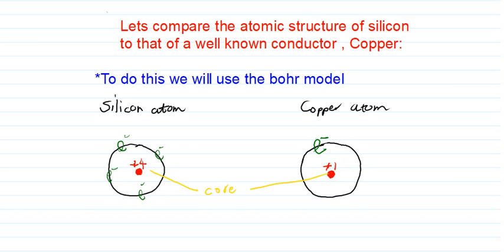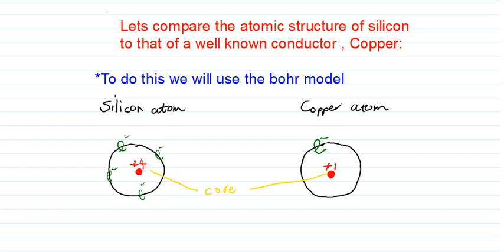So as you can see, the core of silicon is more positive than that of copper. And you know that an electron has a negative charge, and the core, as you can see, for copper has a positive 1 charge, and for silicon it has a positive 4 charge.